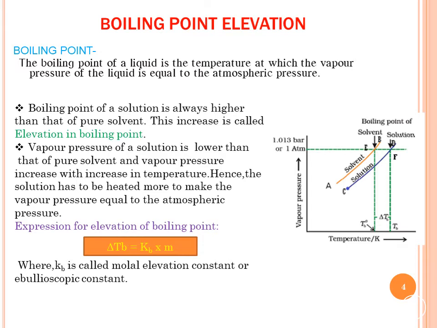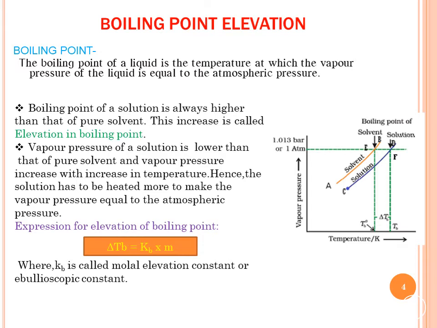Now delta TB is the elevation in boiling point, which depends on the number of moles of solute particles that we have added. Here m is the molality and Kb is a constant, which is called the molal elevation constant or ebullioscopic constant. So this is also a colligative property, we can say. How?